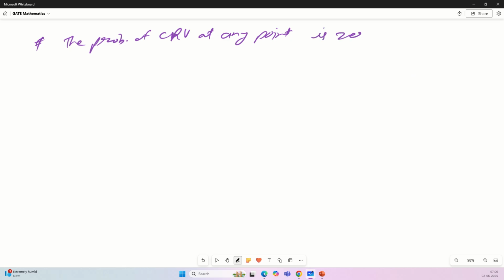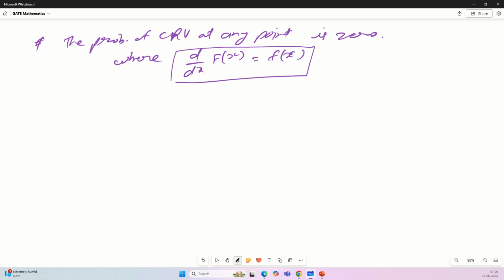You know already that differentiation of the cumulative distribution function f of x is going to be equal to my PDF, the probability density function. So if you want to find out my PDF from the cumulative distribution function, you will be able to find it out very easily.